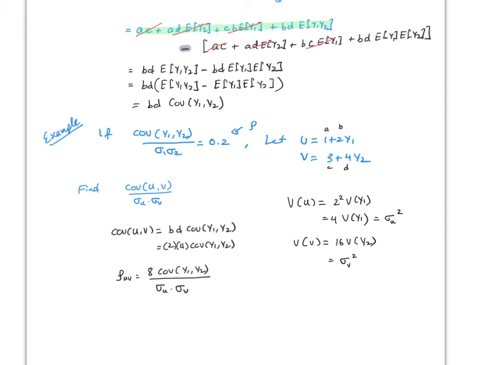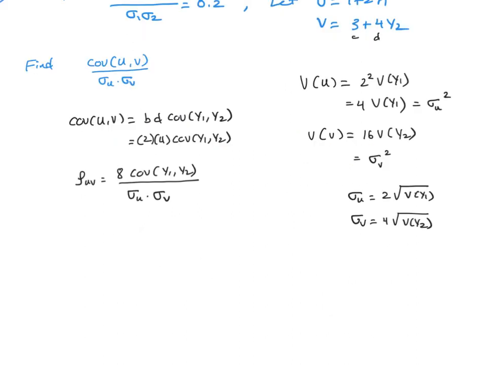where sigma u will be 2 times the square root of the variance of y1, and sigma b will be 4 times the square root of the variance of y2, which technically is just 2 sigma 1 and 4 sigma 2. Even though we don't know the value for the covariance or these separately, we know the value of this whole part.